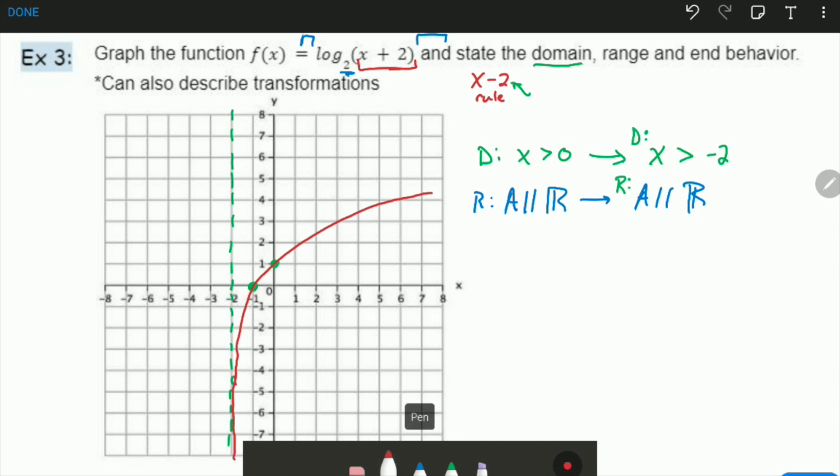End behavior is a little bit funky with this. It partially depends on what type of definition you're using, because different people will say different things about end behavior, I've found in the past. Some standardized tests will say one thing, while others won't.